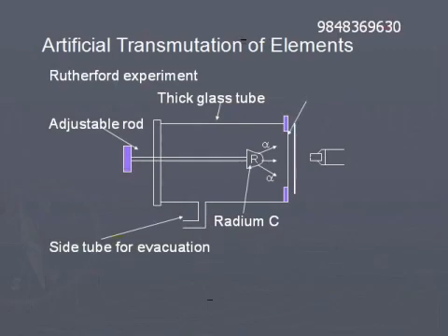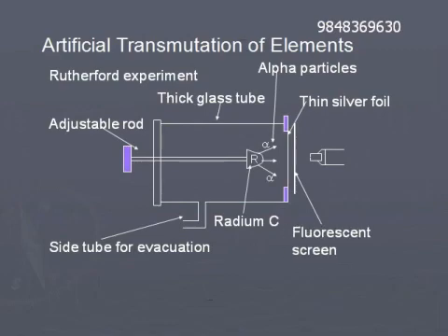On the right side there is a thin silver foil which acts as a window, and beyond that thin silver foil a fluorescent screen is placed. Beyond the fluorescent screen a microscope is placed to observe the scintillations on the fluorescent screen.